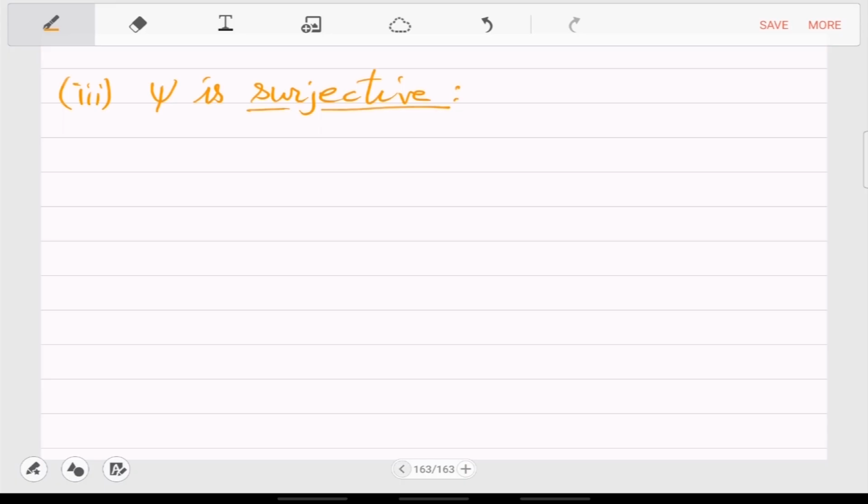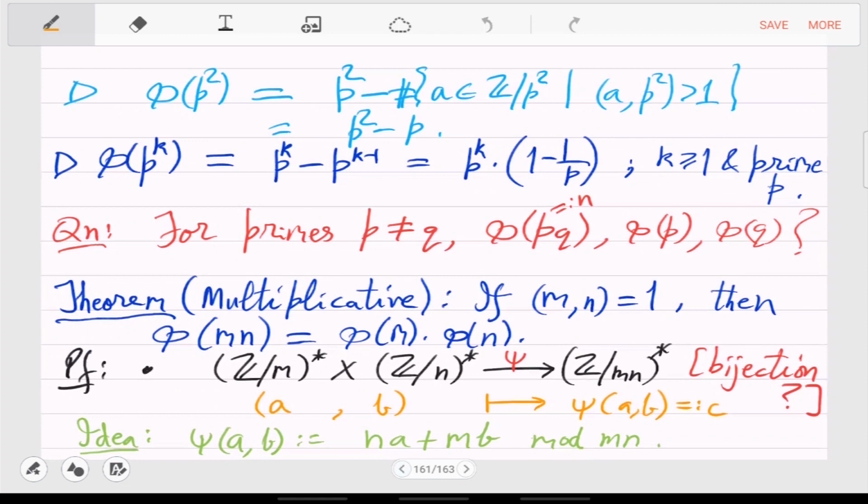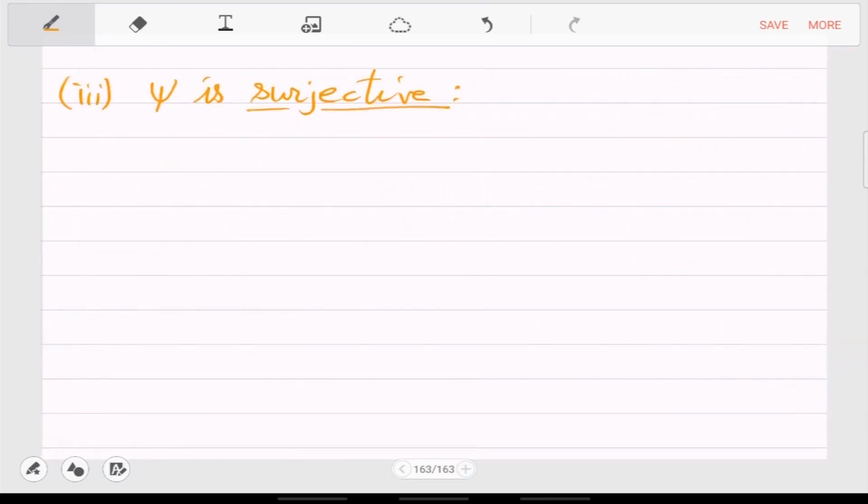Which means what? Yeah, which means that if I take a C of my choice, there should be an AB. There should be a pair AB. So pick C in this range.